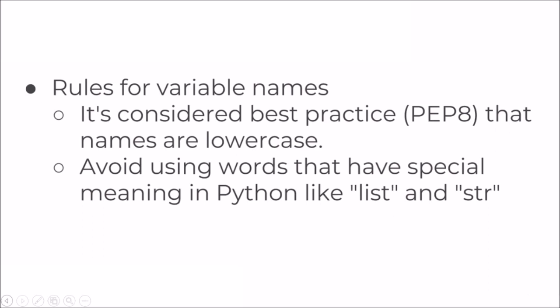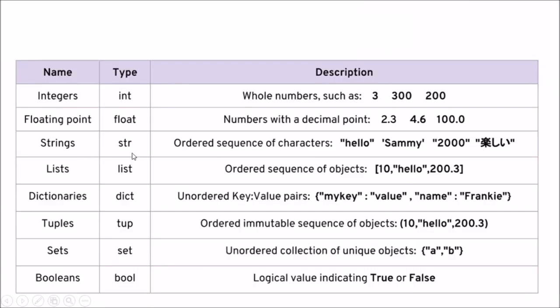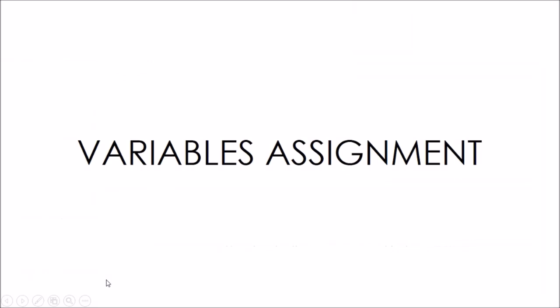And then we avoid using variable names like list and str, because list and str denote types, whether a variable is a string or a list, right? So avoid using these as variable names.